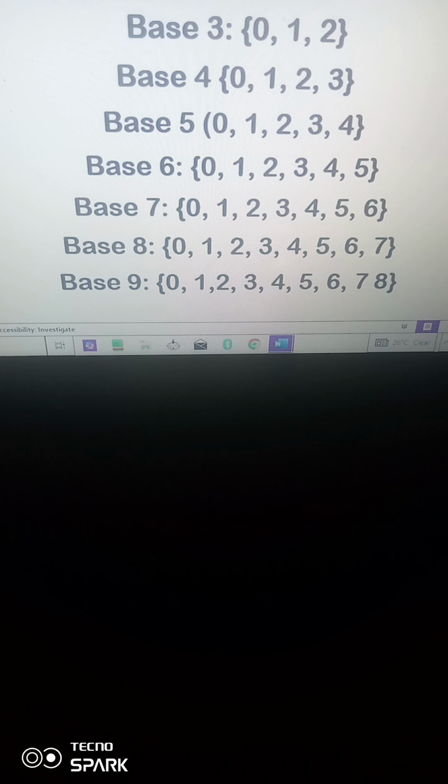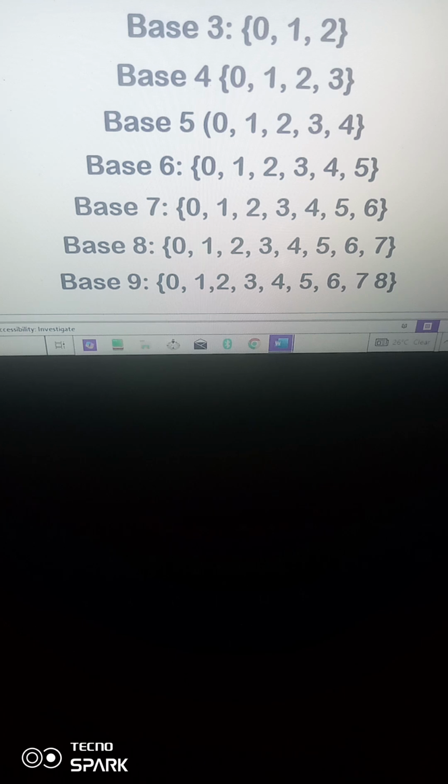In base 3, you have 0, 1, and 2. In base 4, you have 0, 1, 2, 3. And in base 6, you have 0, 1, 2, 3, 4, 5. In base 9, you have 0, 1, 2, 3, 4, 5, 6, 7, 8.